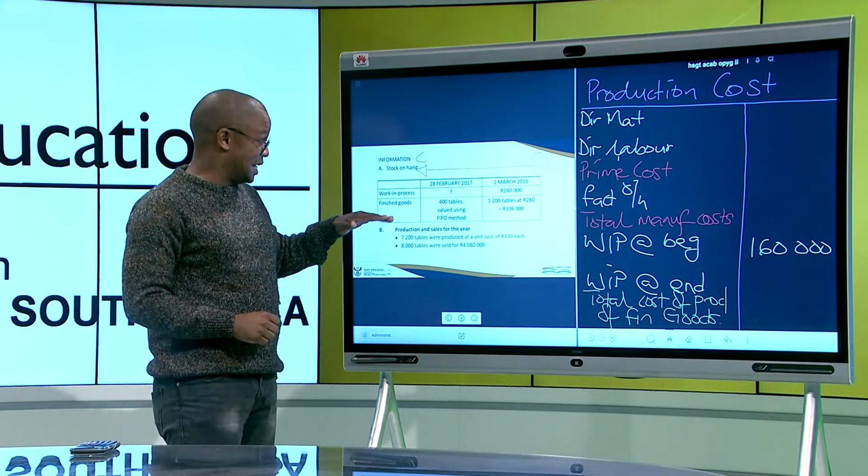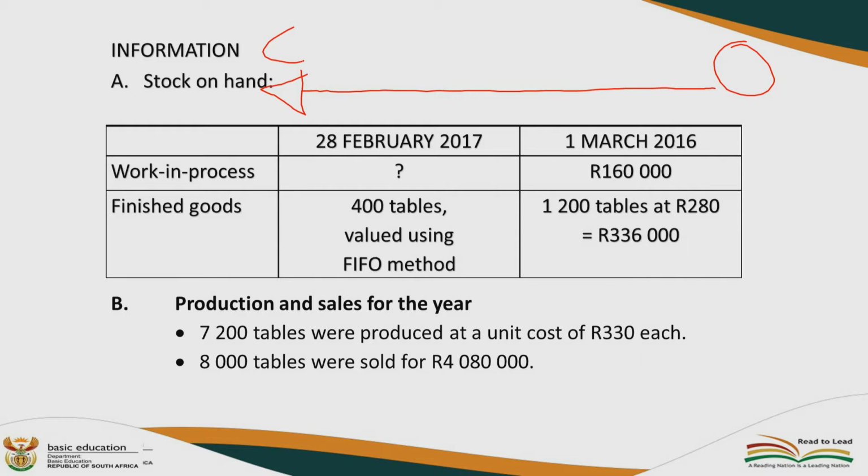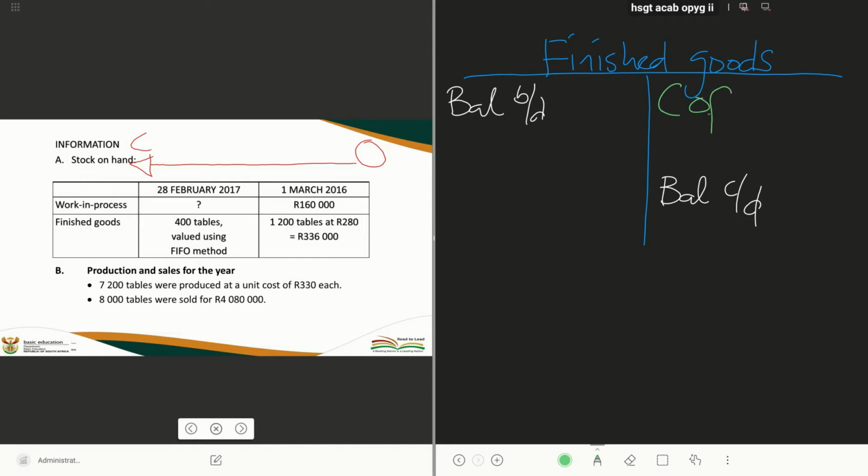Let's go to the second one. You still remember the ledger account, finished goods? Yes, here it is now. So let us check our finished goods ledger account. Let me draw the ledger, finished goods. Remember, you start with your balance brought down. It means balance at the beginning. You have balance, which one? At the end. Don't forget what we spoke about. You will have your cost of sale.